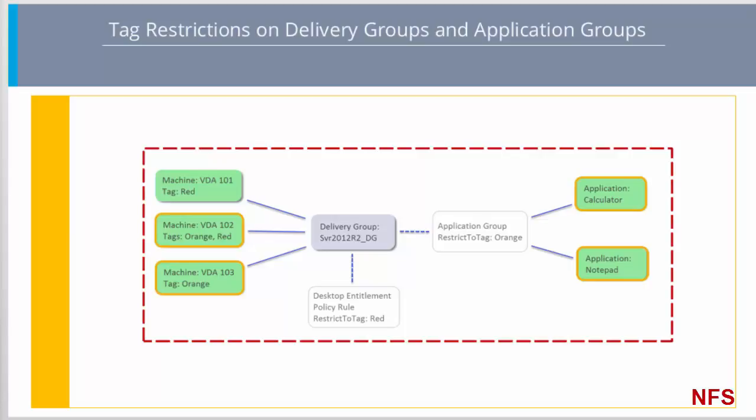That's VDA 102 and VDA 103. This describes a tag restriction on an application group. We can also call this application group tagging. Note that VDA 102 has both tags red and orange, so it can be considered for launching the applications and the desktop.